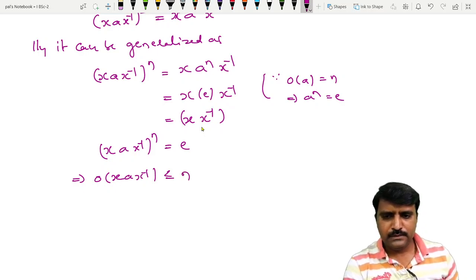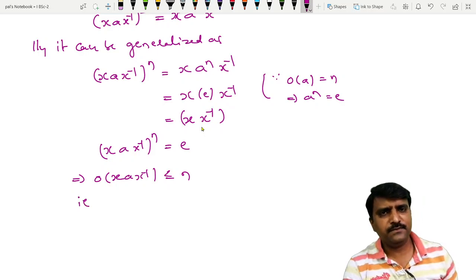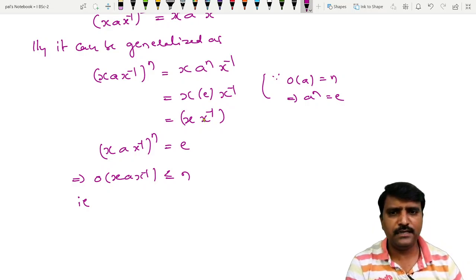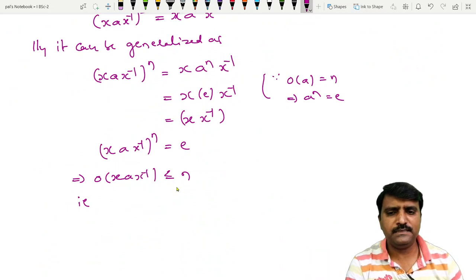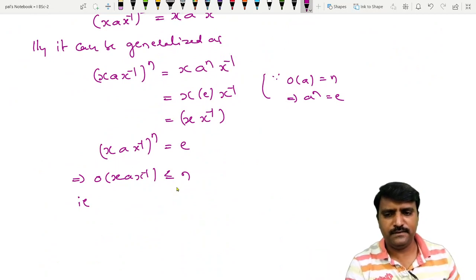So what is the order of x a x inverse? We consider that the order of x a x inverse is m, so that m is less than or equal to n.